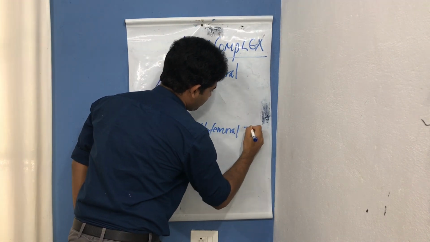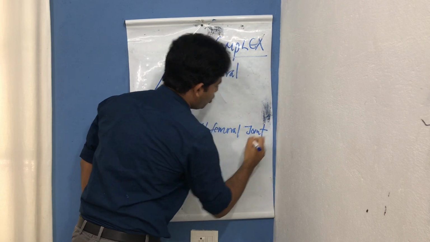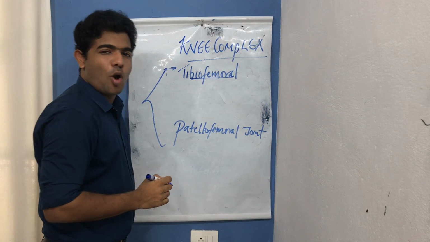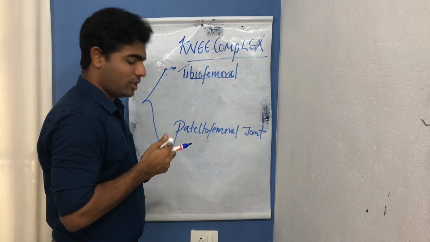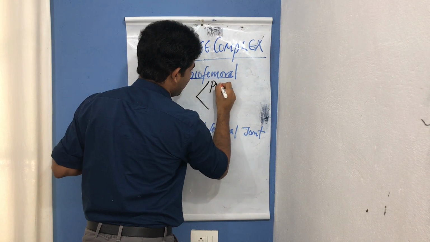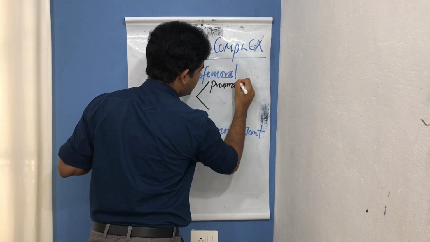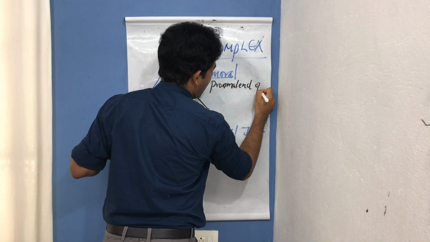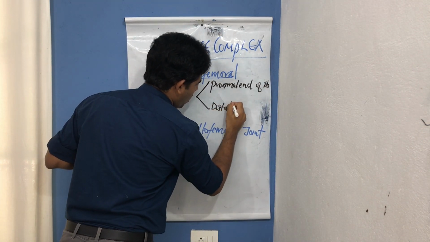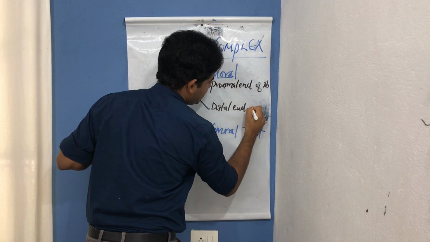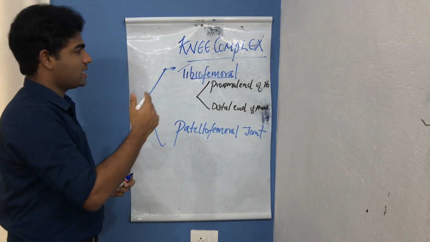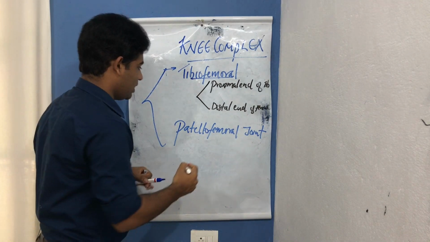So those are the two joints in the knee complex. The tibiofemoral joint is formed between the proximal end of the tibia and the distal end of the femur. These are all known facts.